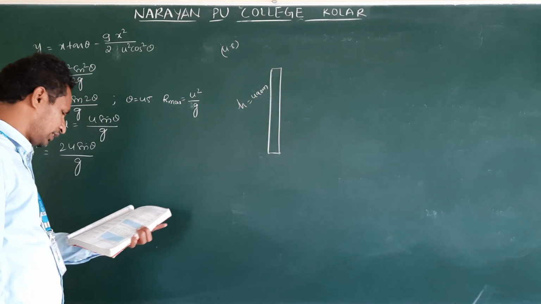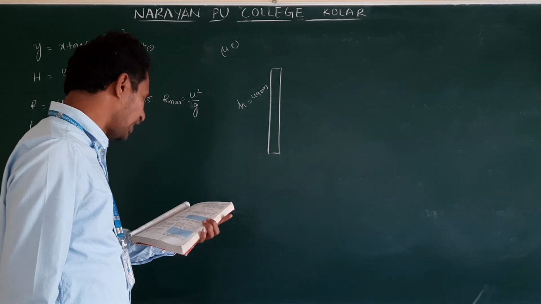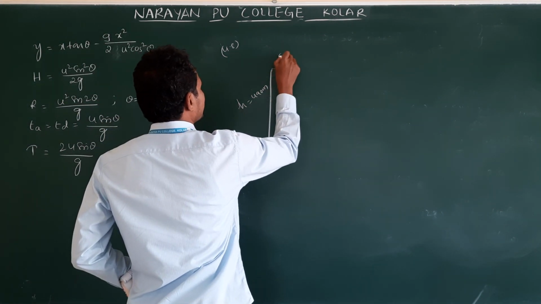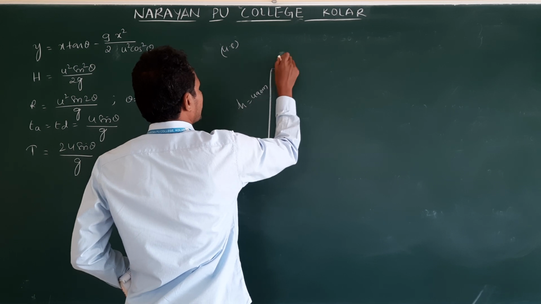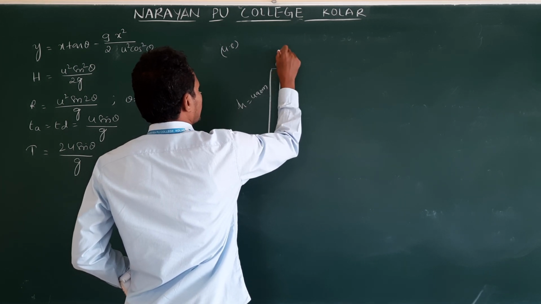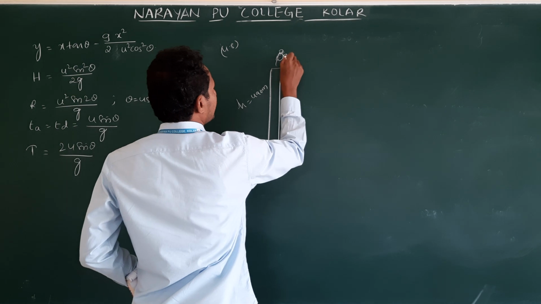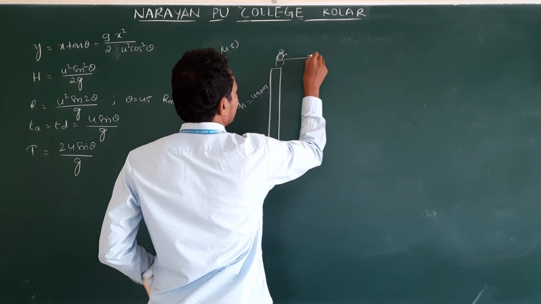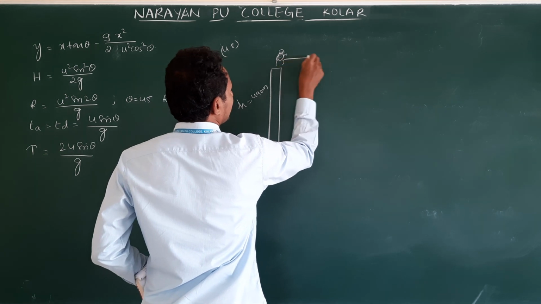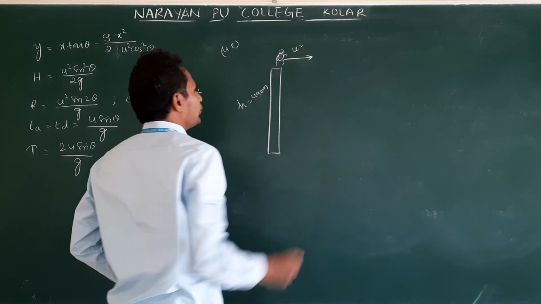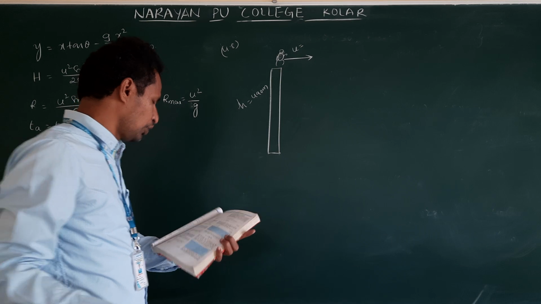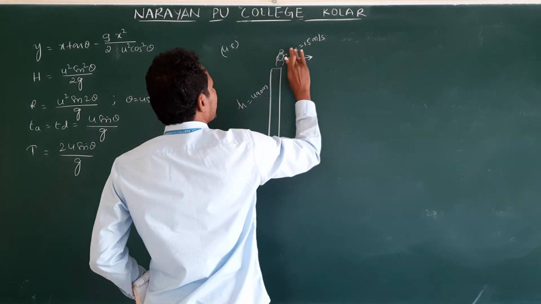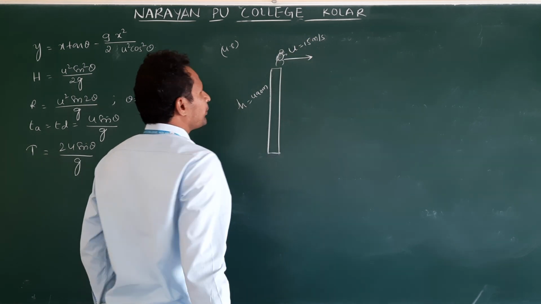From this, the stone is thrown horizontally, which means a person stands here and throws the stone like this, in this direction, with velocity u equal to 15 meters per second.